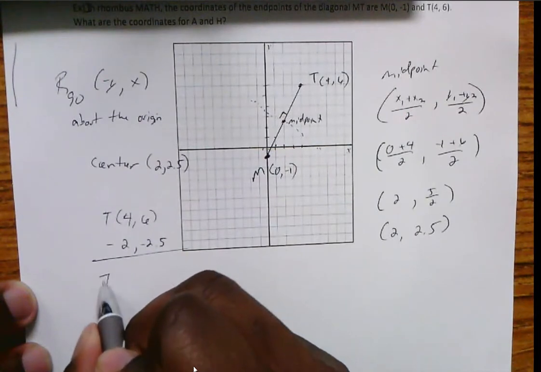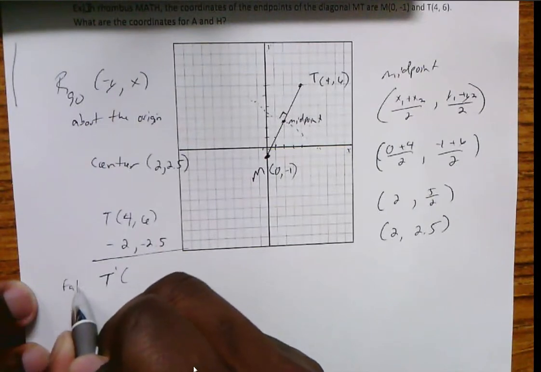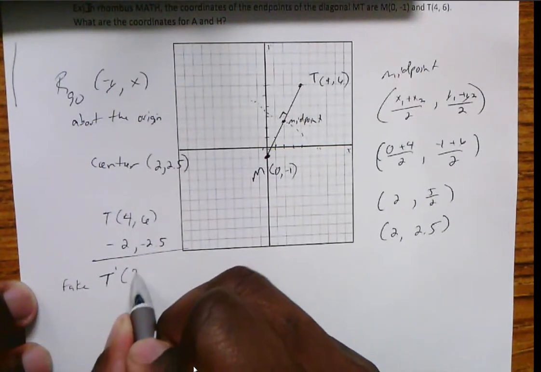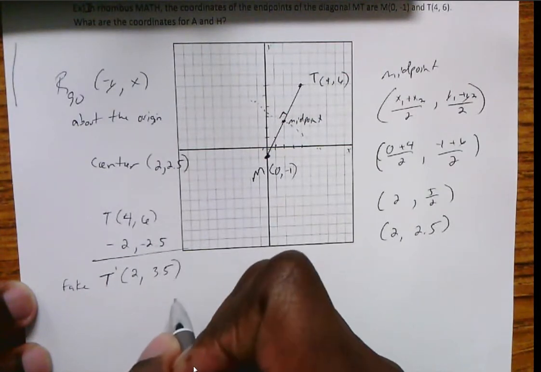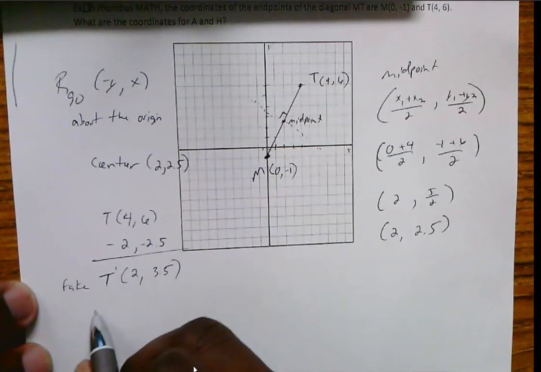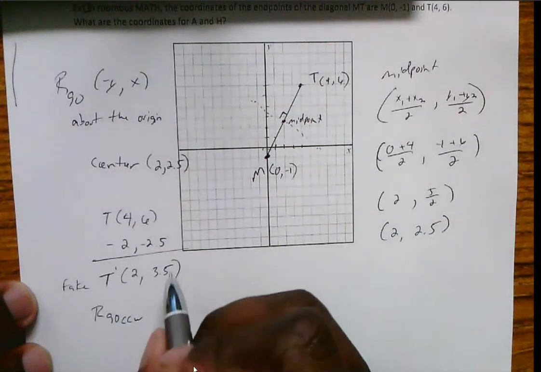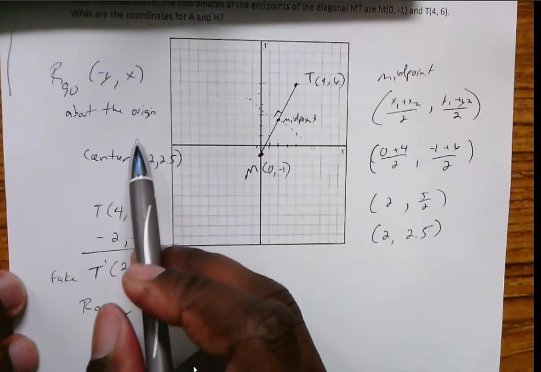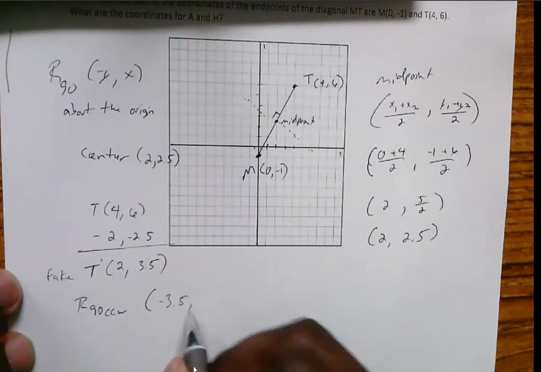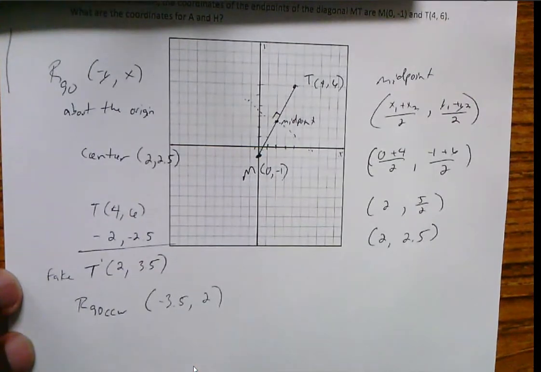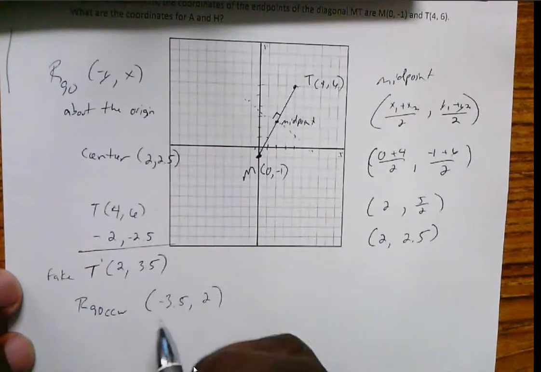So it gives me T prime, some people call it fake T prime, at 2 and 3.5. Now, what we're going to do is rotate that 90 degrees counterclockwise. So to rotate that, the formula says it should be -y, positive x. So since y is 3.5, it's -3.5, and x is 2, and that's 2. Now, since I subtracted the center to move it downward, I need to add the center back to it.